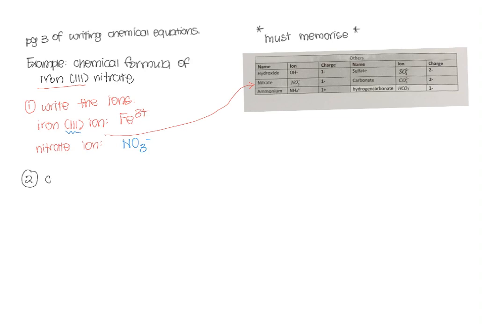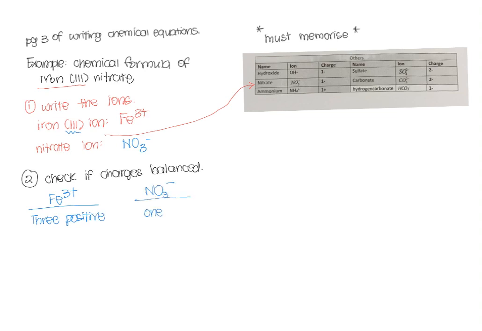Okay, so remember, always check if the charges are balanced. Let's see the number of positive ions. And nitrate, 1 negative.